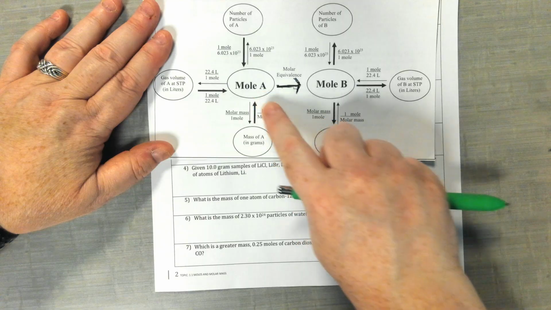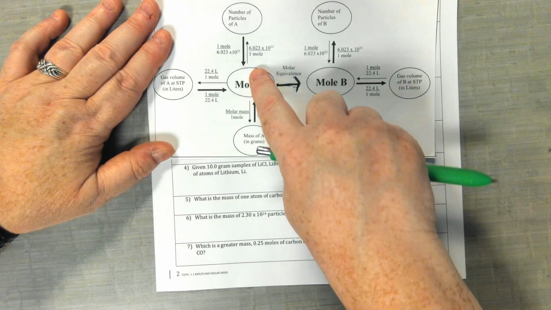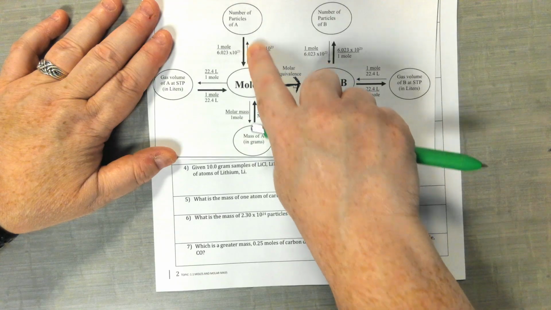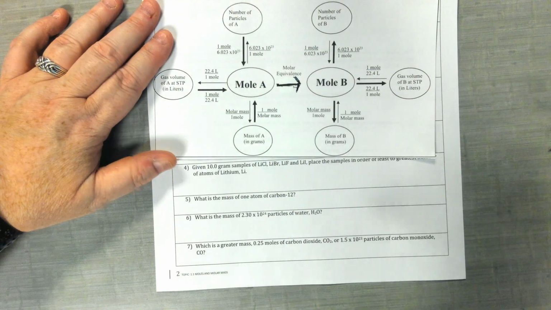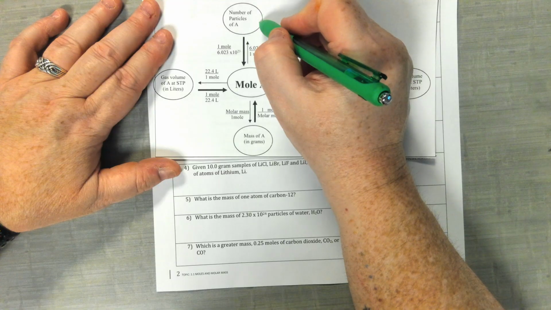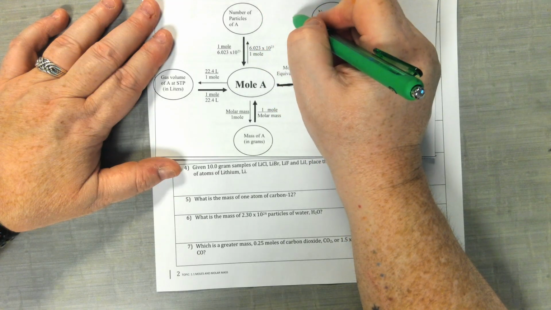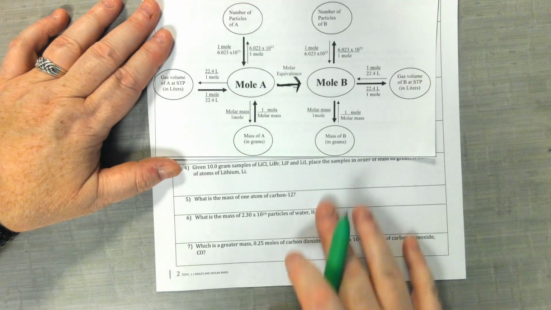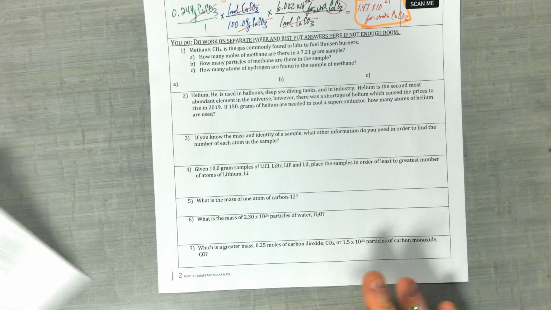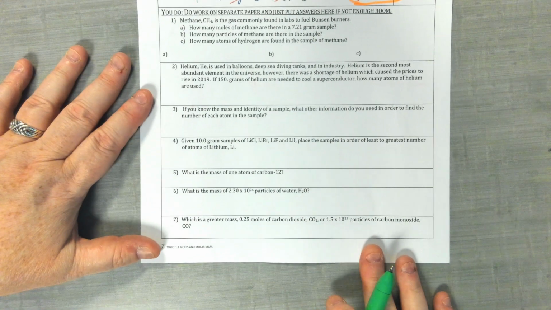You're going to go to moles by using this, and then you're going to go to particles by using this formula, the skinny arrow. In your map, you want to put particles, formula units, atoms, molecules. Those are all the units when you use Avogadro's number. It just depends on what compound or element you're working with.